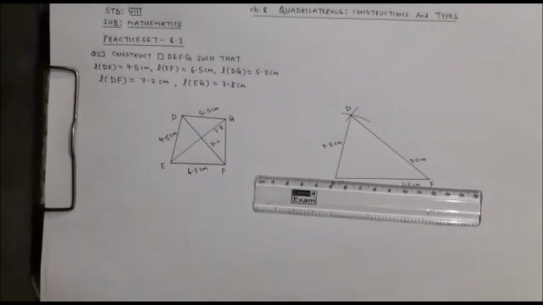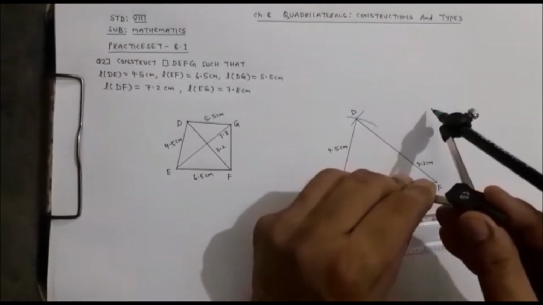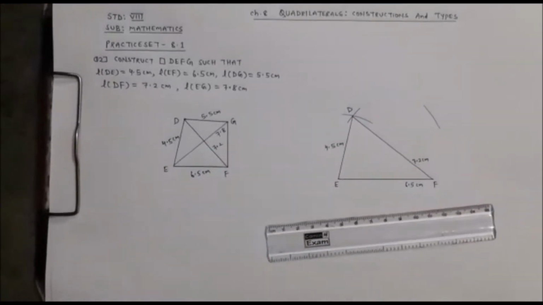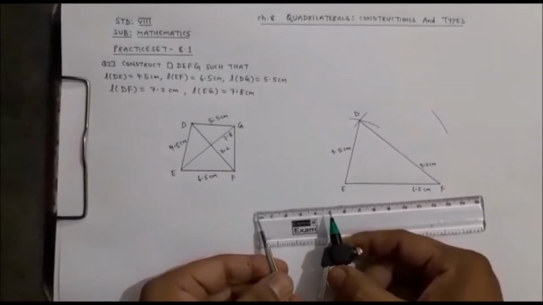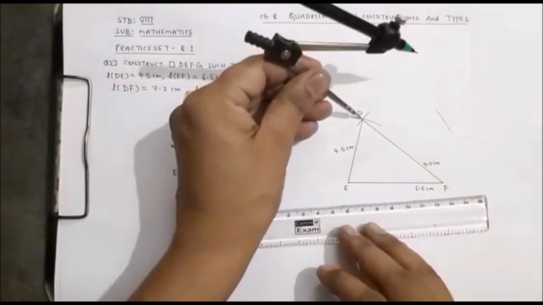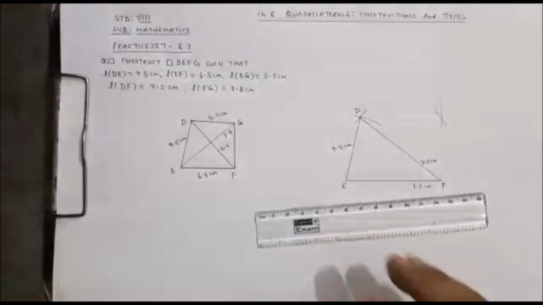From E, point E, you cut an arc of 7.8. Okay, you can see that. And then from D to G 5.5. Well, this is 5.5 we have taken. From this point D you cut this arc, okay, which is 5.5.